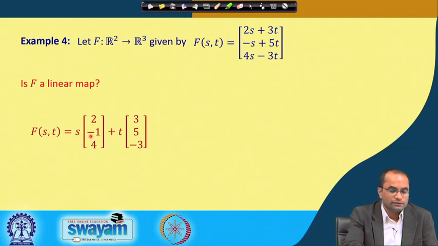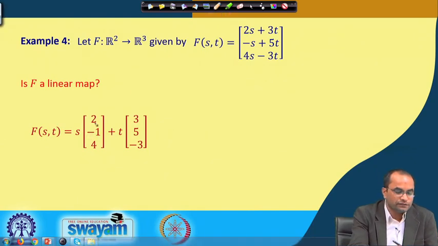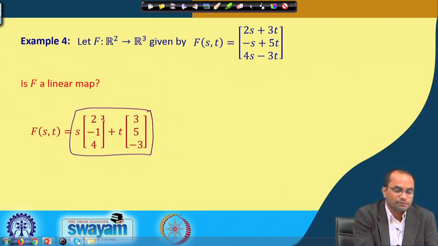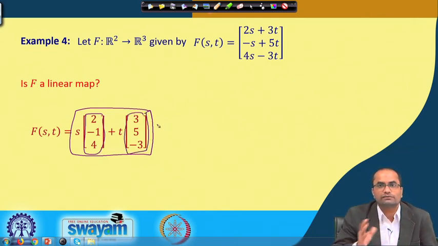And now, if we recall the properties of the matrix, we can put this in the form of matrix vector multiplication, because s is multiplied to this column here, t is multiplied to this column here, and that is exactly the property of the matrix vector multiplication.